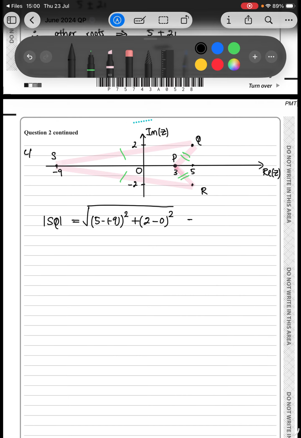So let me find the length. 5 minus minus 9 is 14. We square it, we get 196. We add that with 2 squared. 2 squared is 4, so 196 plus 4 is 200. Square root of 200 is 10 root 2. Now we also know that this is equal to the length SR.